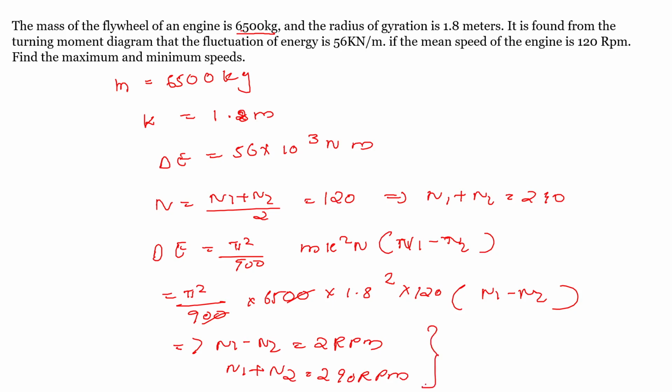From there you have to solve these two, adding and subtracting with each other. You will get the value of N1 is equal to 121 rpm and N2 is equal to 119 rpm.